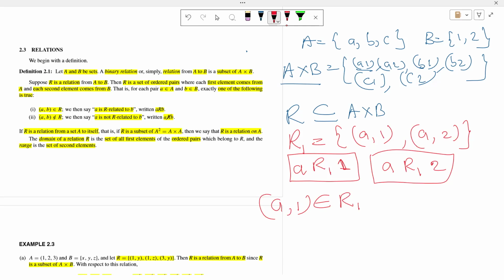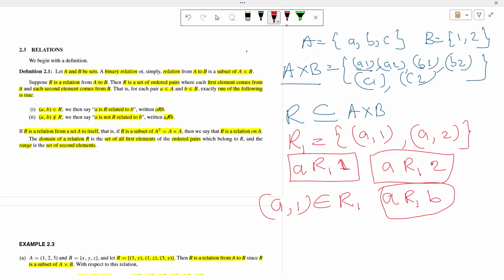Maybe I can read it using a symbol. This is the symbolic form: A R1 B means A is related to B by relation R1. A is related to B.